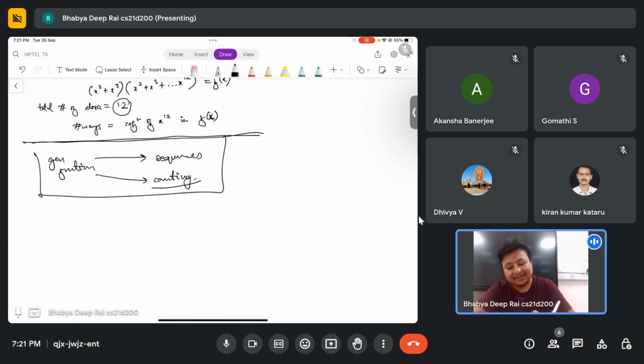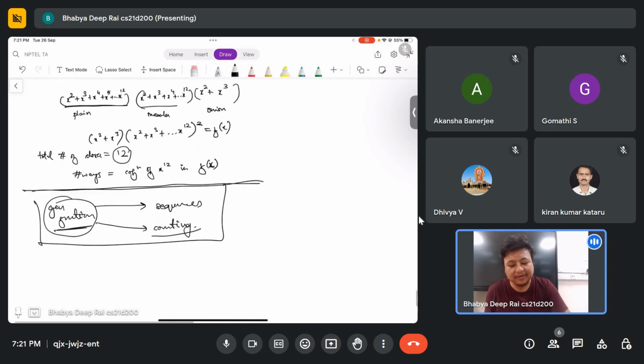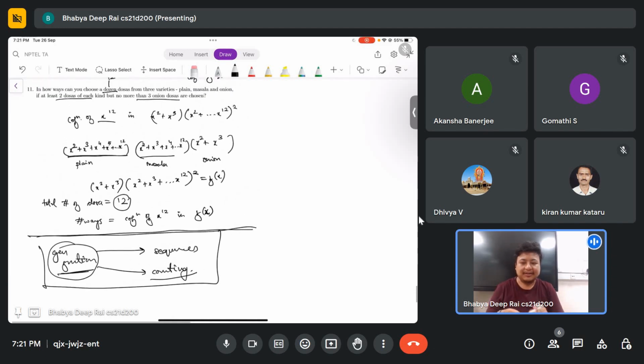It is widely in use, and later you might see things like recurrence relations, where you'll use the idea of counting using functions. But yeah, to conclude, that is it. If you have any more questions, just let me know. And if you don't, then you are free to leave.